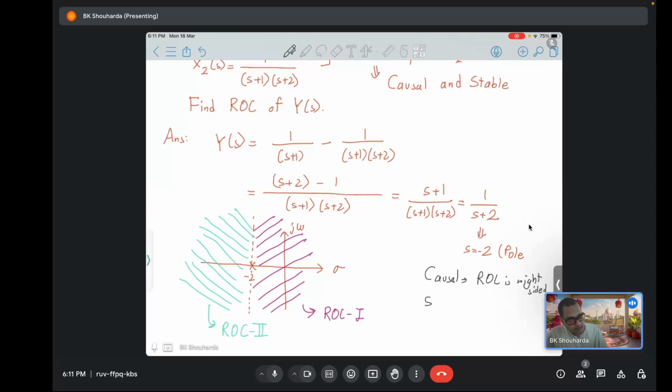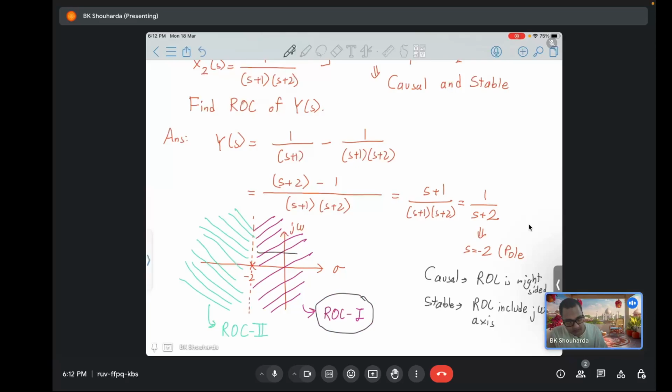And what does it mean to have a stable system? The ROC must include the j omega axis. So which ROC satisfies these properties? As you can see, this is ROC1. So in other words, how can you write ROC1?